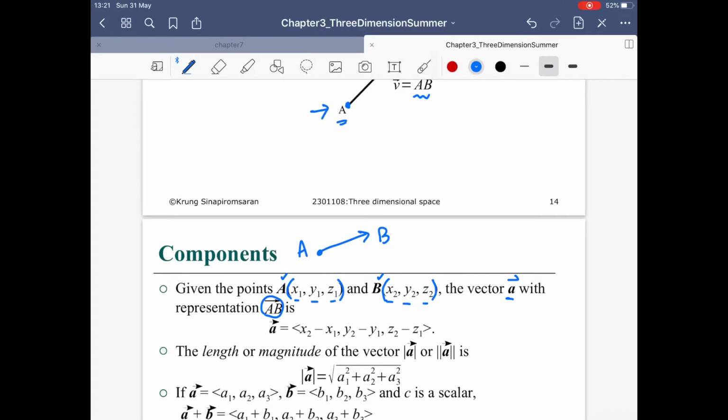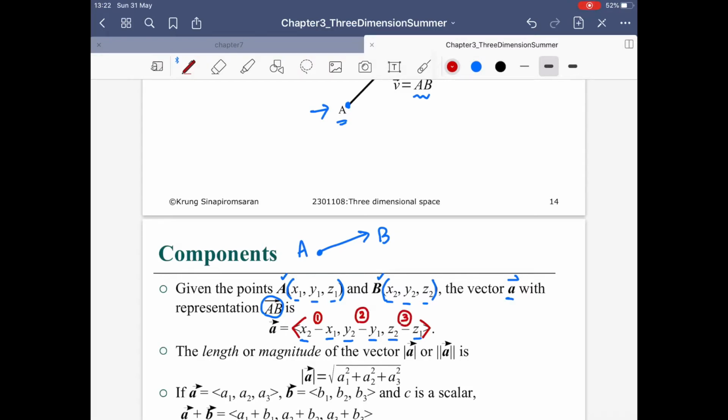It is represented by x2 minus x1, y2 minus y1, and z2 minus z1. You indicate the vector by these angle brackets like this. So this vector contains 3 components: the first component, the second component, and the third component.